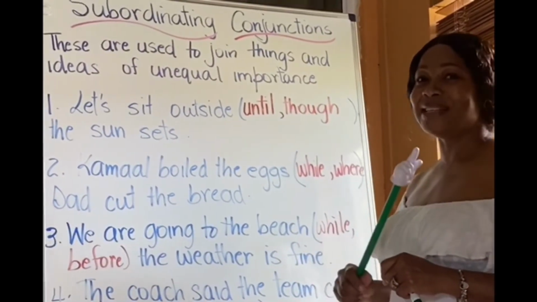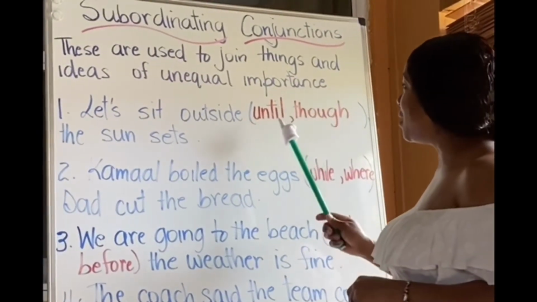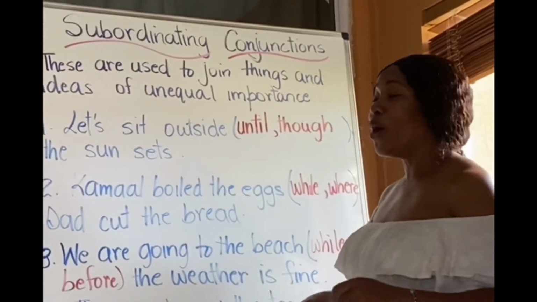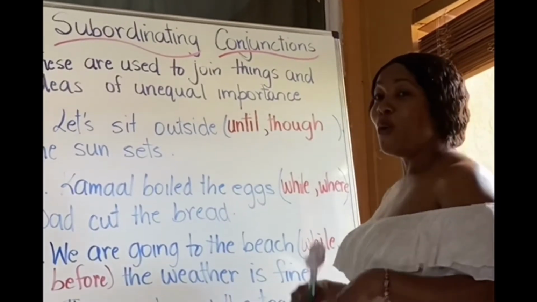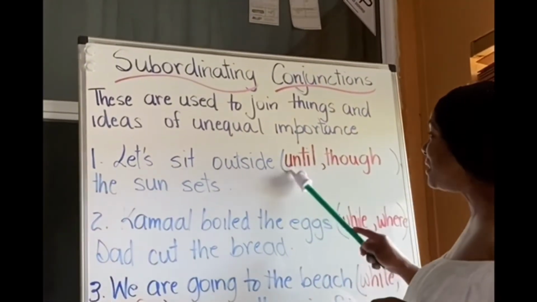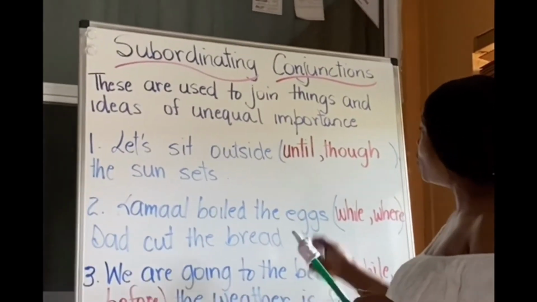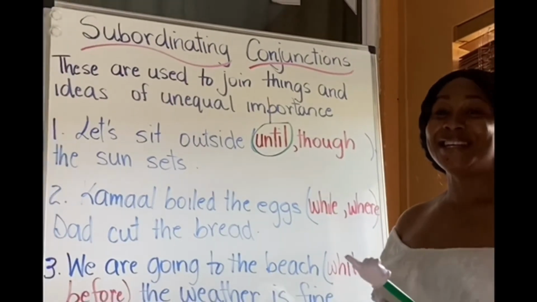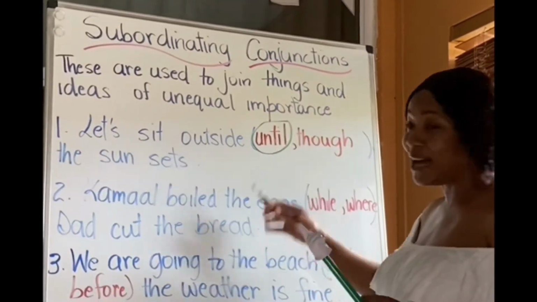Which one makes sense there? Are we telling when we're going to stop sitting outside, or are we telling why we're sitting outside? We're sitting outside until the sun sets. So after the sun sets, we are going back inside. So that is time, until.